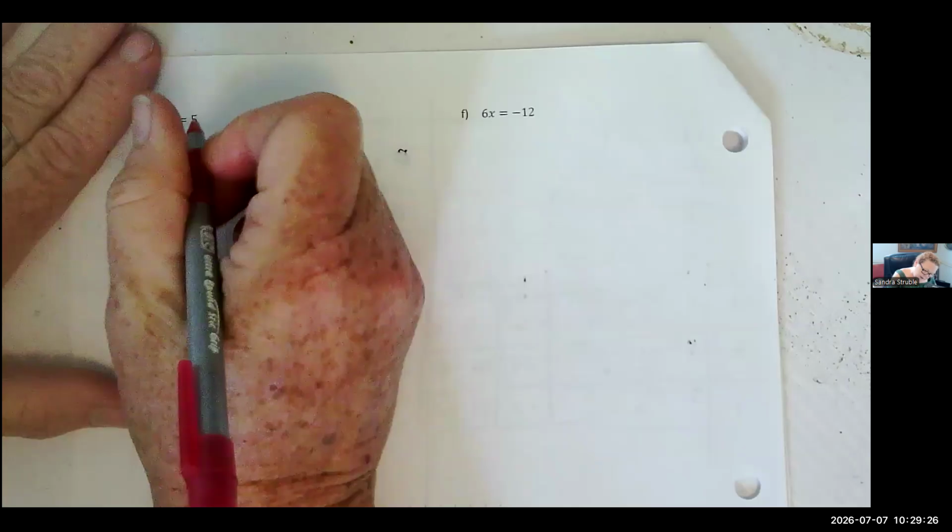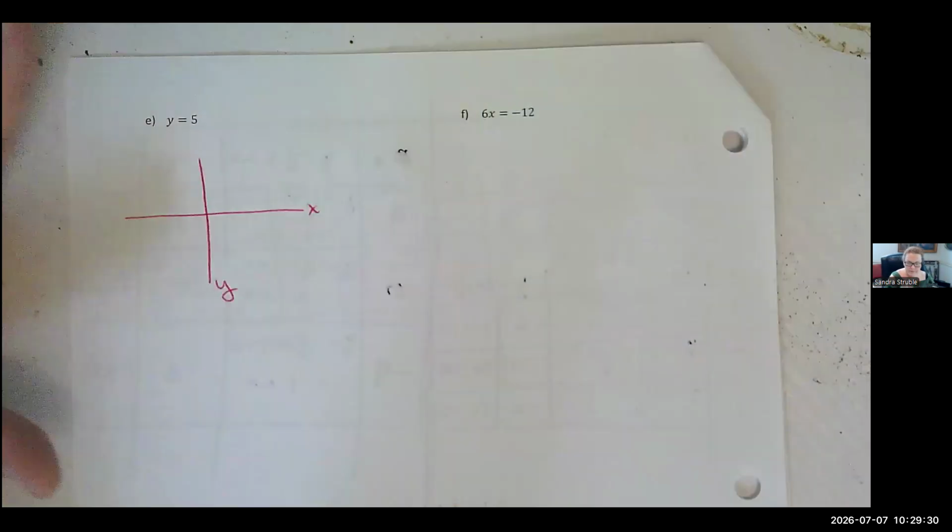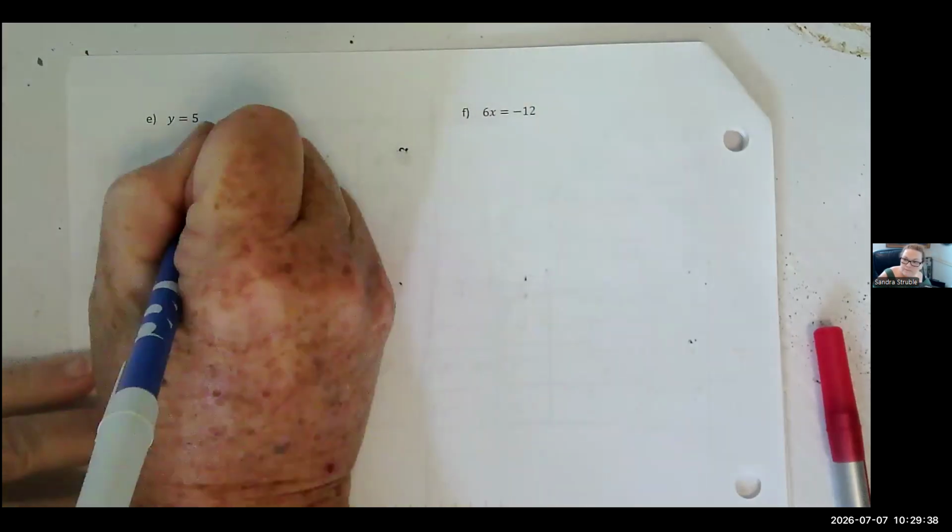Ooh, these are fun. These are wicked simple. What you need to understand is this. If you're looking at an x, y graph, this is the best way I can explain it: the lines for y are horizontal lines.